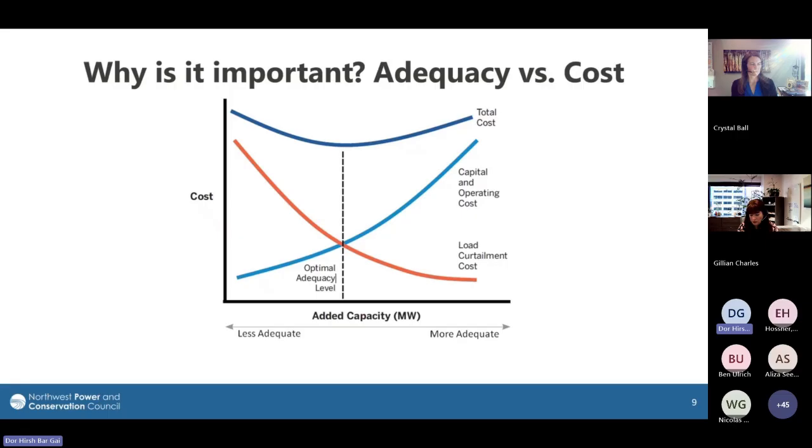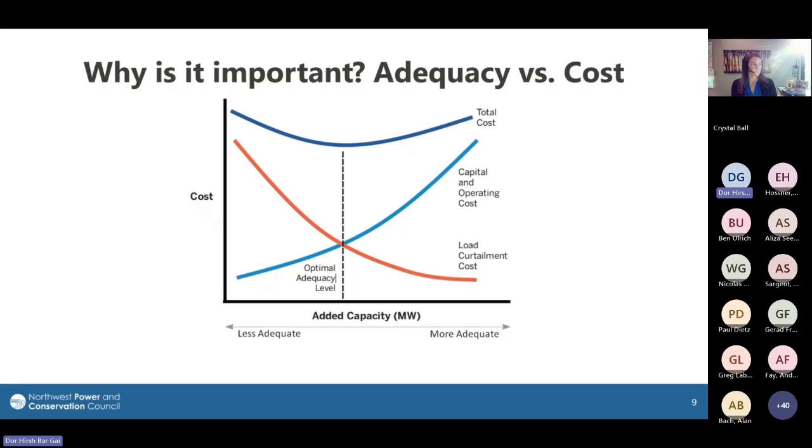If you're thinking about the types of costs we can have, in a very large simplification, the light blue line we will consider the capital and operating costs. We have cost on the y-axis and added capacity on the x-axis, and the idea is a system that has more and more capacity will also have increasing capital and operating costs. Hence, we see this increasing light blue curve.